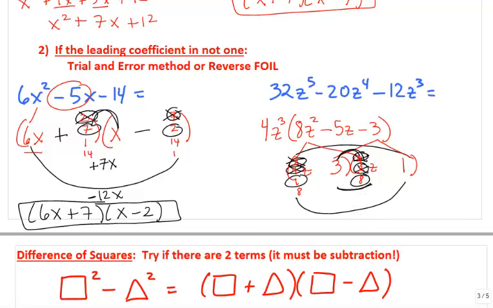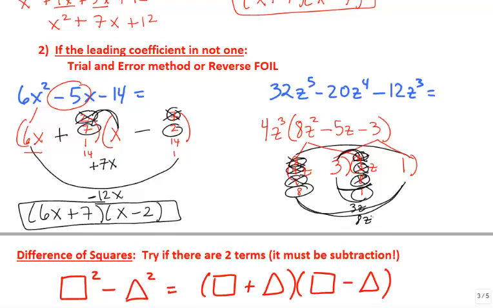So I cross it off and I go to the last option, which was the 8 times the 1. So inner times inner would be this 3 times this 1z, which is 3z. And 8z times 1 would be 8z. That does give me a 5.